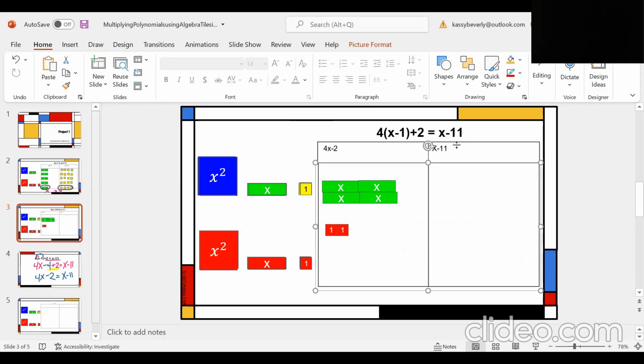We're going to go over to the right side and we have x subtract 11. So we have 1x. Then we have a negative 11 units.